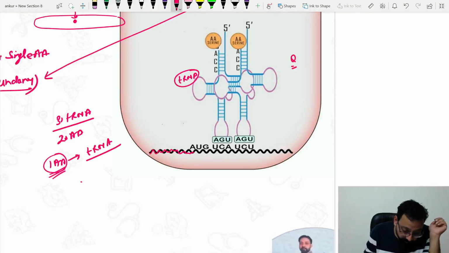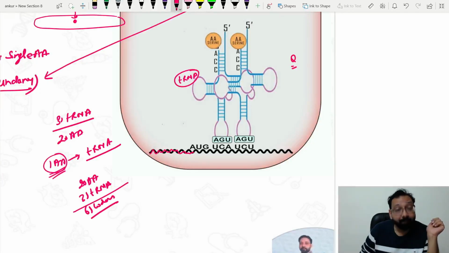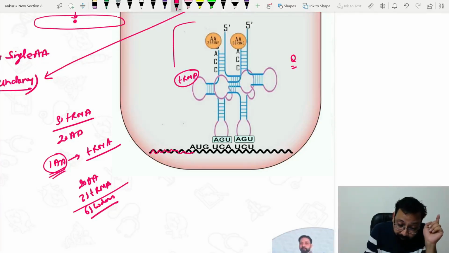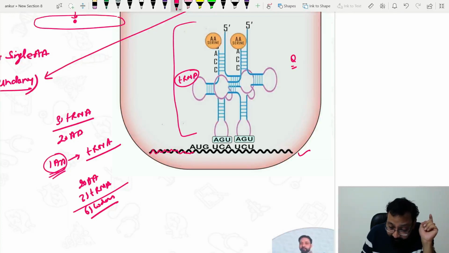Now, 20 amino acids, 31 transfer RNAs, 61 codons. This is transfer RNA, this is messenger RNA. Messenger RNA has the codon, transfer RNA has the anticodon.